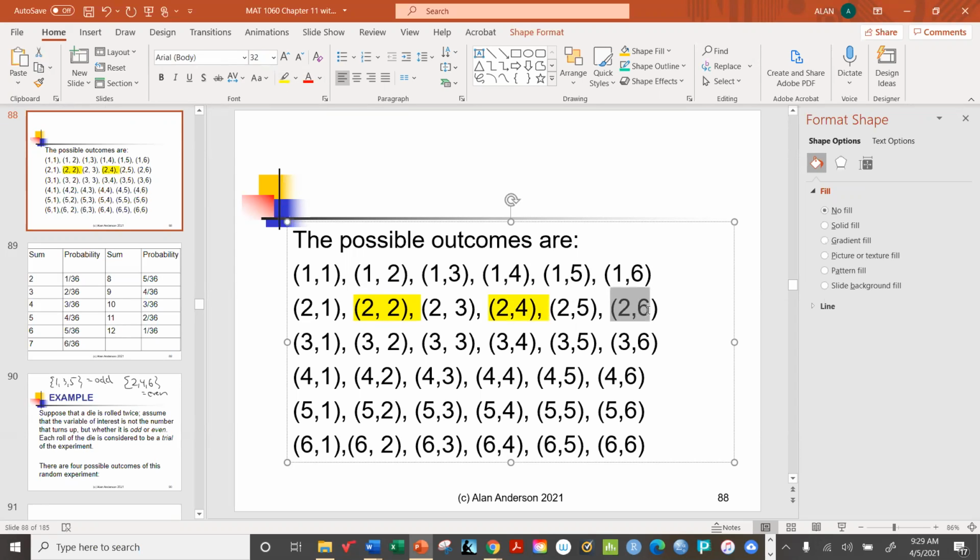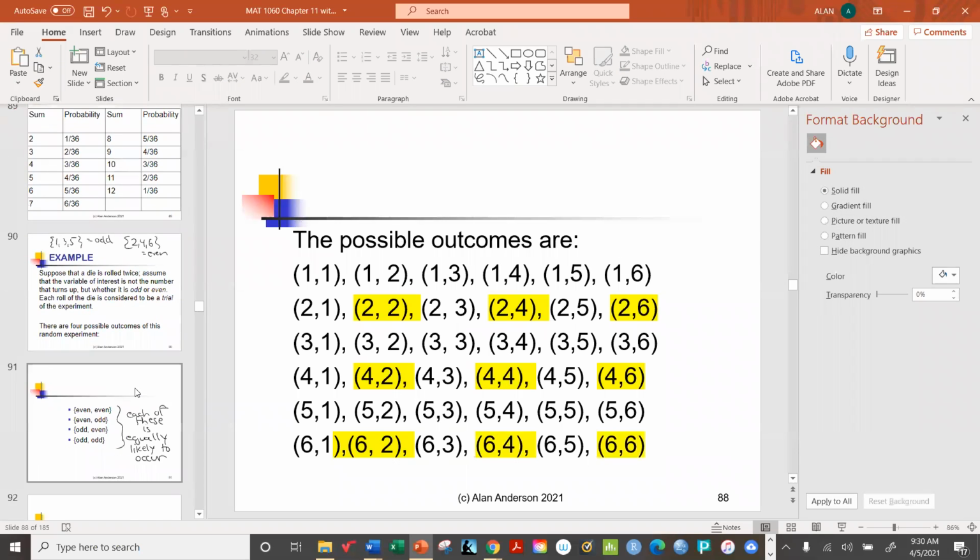This one. And then down here, I have this one, and this one. And then I've got these last 3. And how many are there? 1, 2, 3, 4, 5, 6, 7, 8, 9. 9 out of 36.